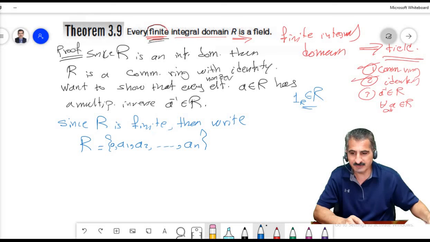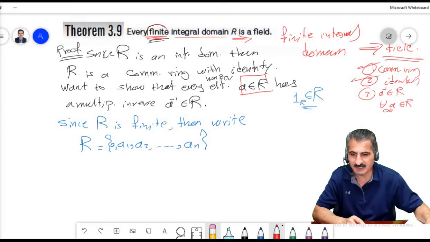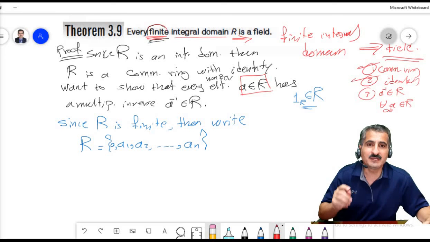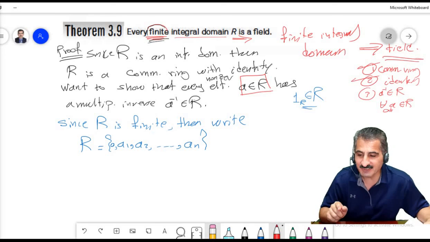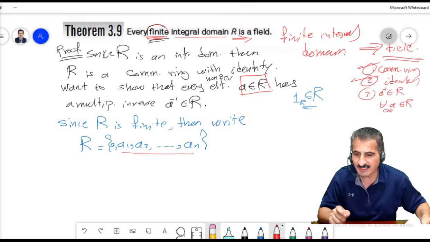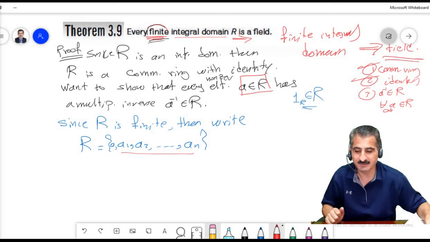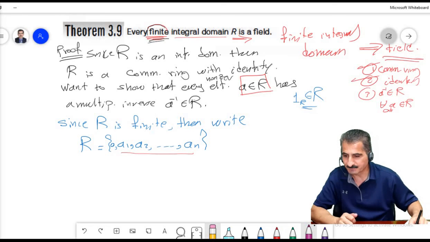Now we have in hand an element A in the ring R, right? We are done if we find an element in those here that multiplies A and gives the result 1. Now consider the following.